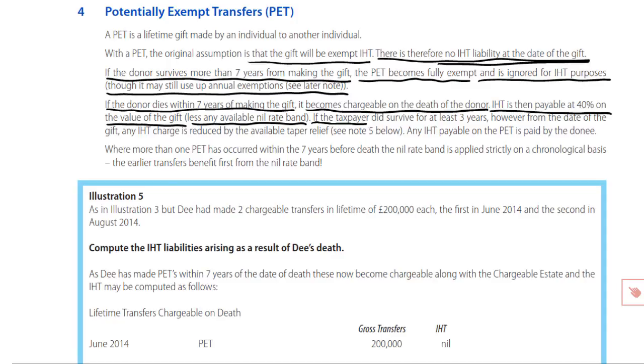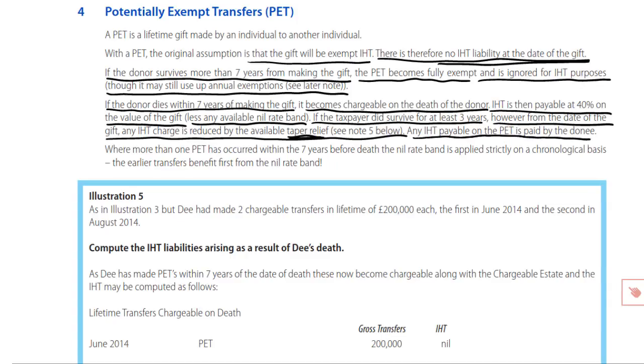If the taxpayer did survive not for 7, hence it's become chargeable, but for at least 3 years, then something else comes into play. If we survive from the date of the gift more than 3 years, any IHT is reduced by the available taper relief. We'll see this in Note 5. Any IHT payable on the PET is paid by the donee.